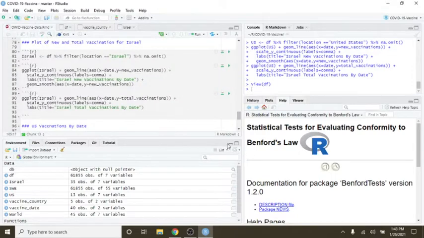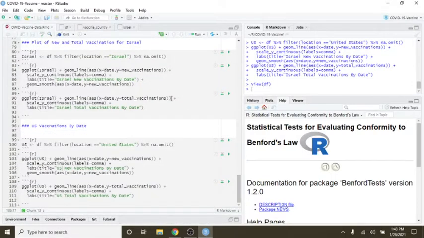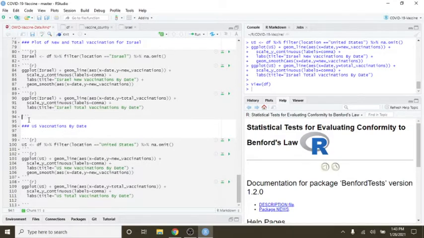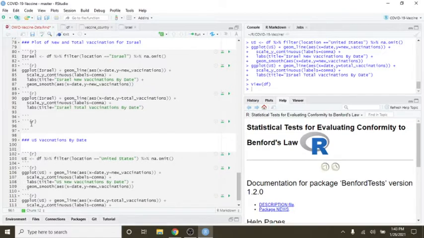So we're going to come back up here where it says total cases. Let's just put in a new section here.